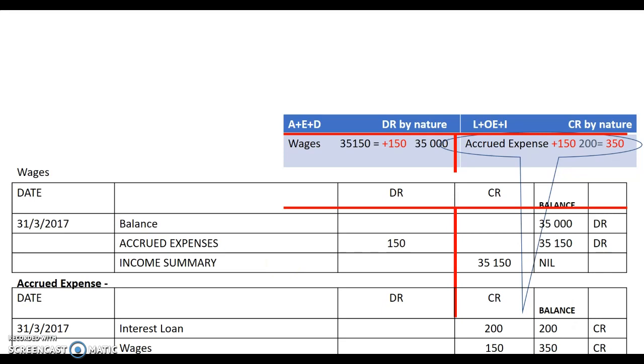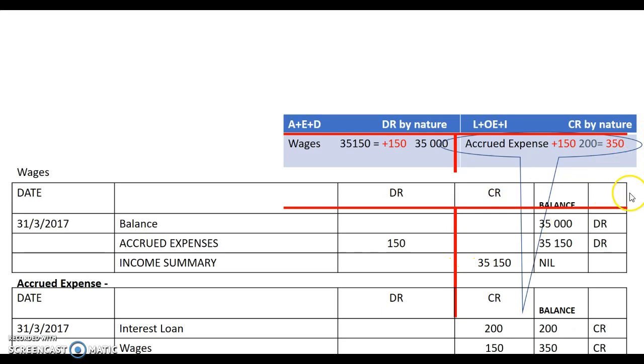Now, we didn't do this previously, but the accrued expense account, remember, is $200 of interest on my loan and 150 wages that I'm outstanding, that I still owe at the end of the year. So that has an impact for next year. I have to pay that interest and those wages next year. So those don't get shut down. They have to stay there in the balance sheet.